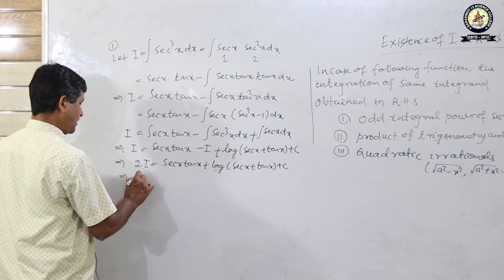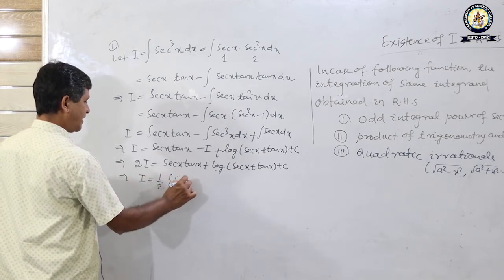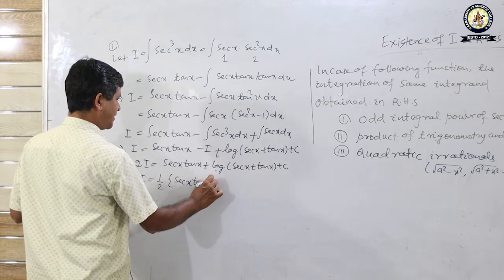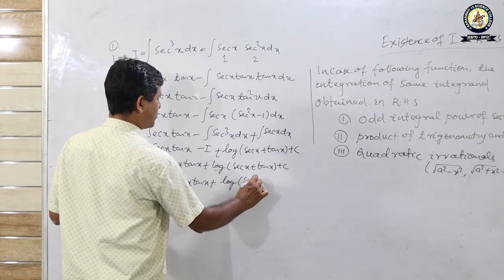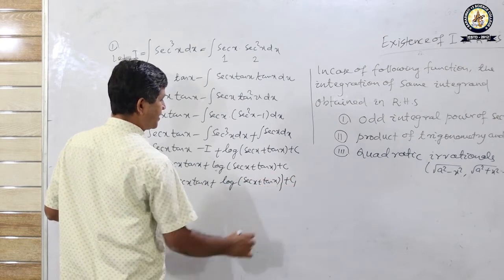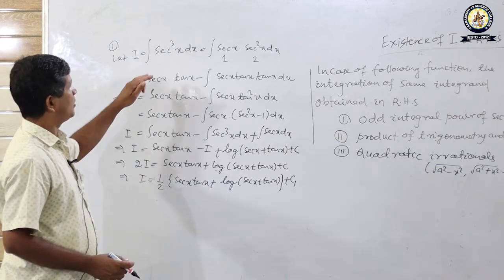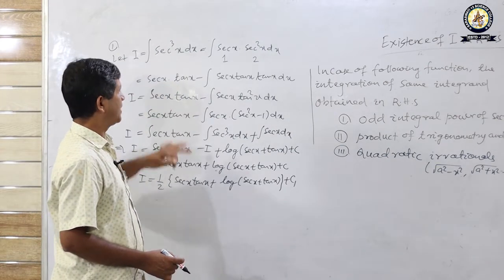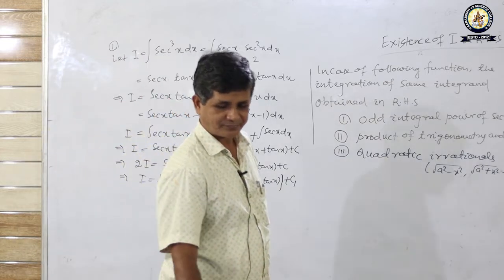Then what is I? I equals half into sec x tan x plus log of sec x plus tan x, plus c by 2, taken as c1. So this is how the integration of odd power of sec x is obtained by using the integration by parts rule.